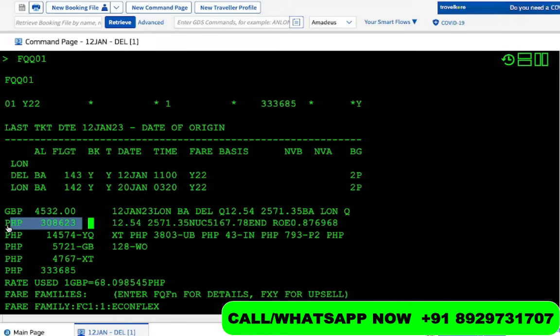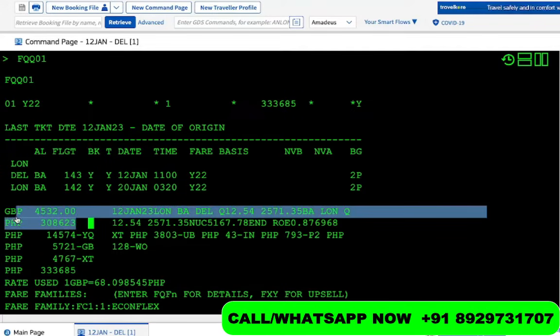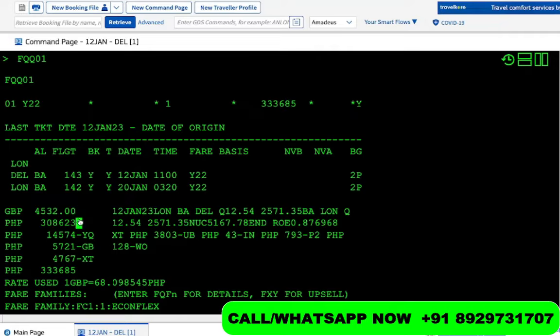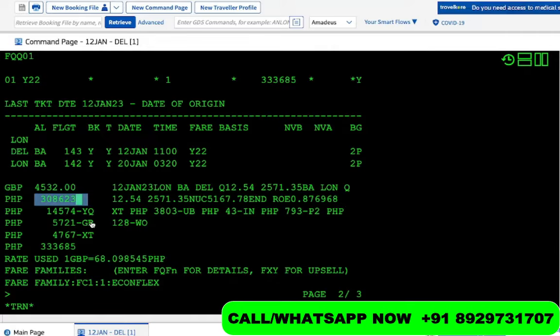We are using a Philippines ID, that is why we find Philippines peso over here. So 4532 pounds is equal to 308,623 as per today's exchange rate.